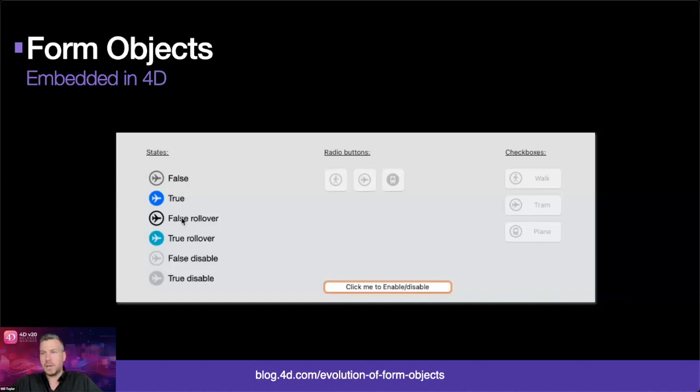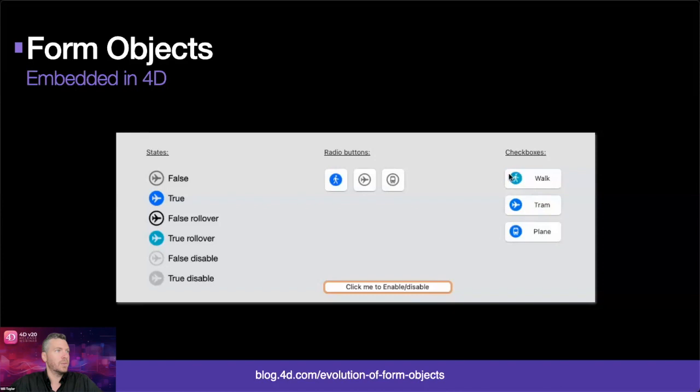For multi-state buttons and checkboxes, you now have a bunch of different ones. You have false, true, false rollover, true rollover, false disable, true disable. For what that actually means, we can have a look right here. So that's false, enabled. And you have a bunch of different states that you previously did not have for your buttons.